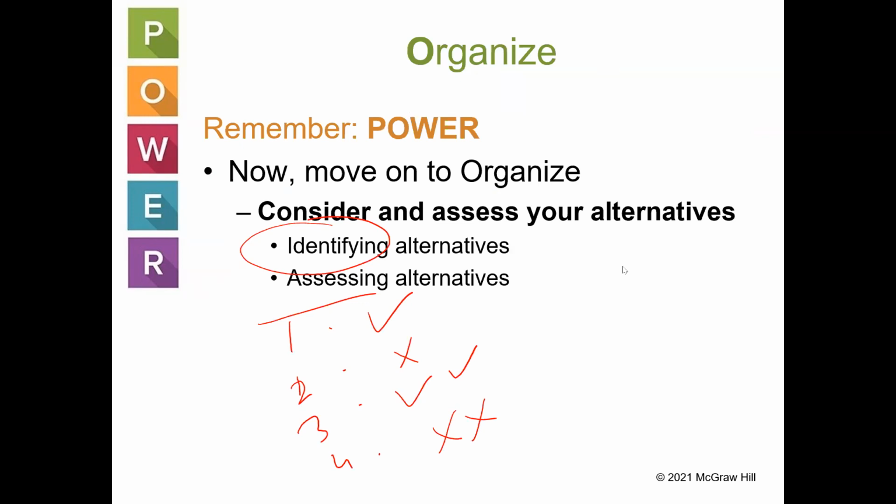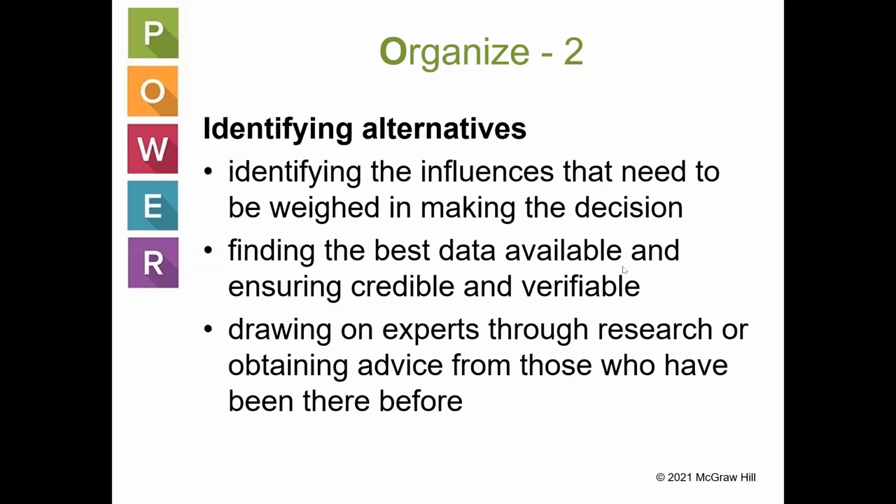Then we have to work on identifying alternatives and the influences that need to be weighed in making the decision, finding the best data available and ensuring it is credible and verifiable, and then drawing on experts through research or obtaining advice from those who have been there before.